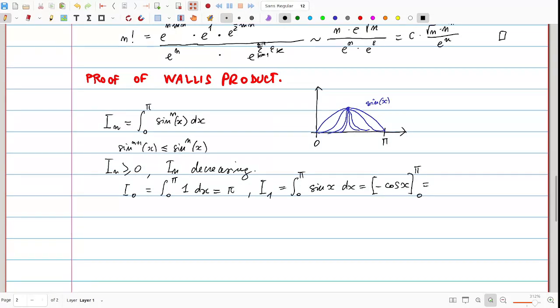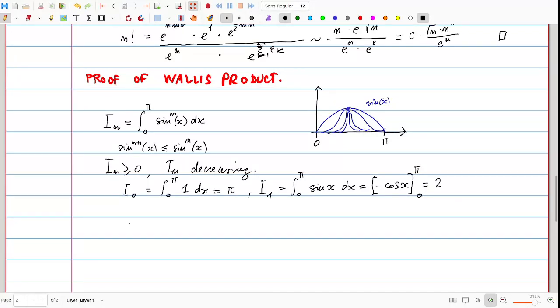In pi we have minus 1, so 1 minus, and in 0 we have 1, so we have to sum both and find that this is equal to 2.